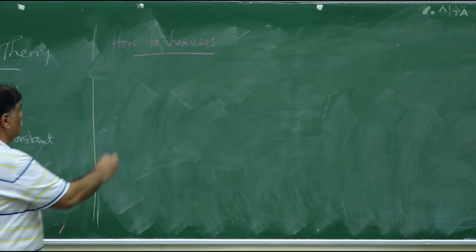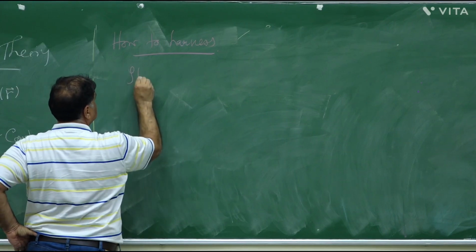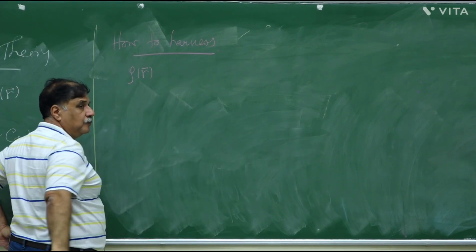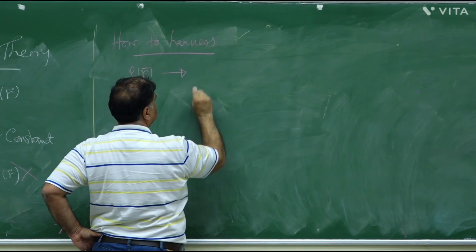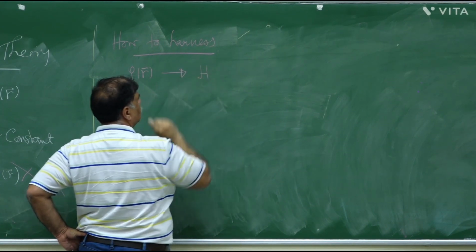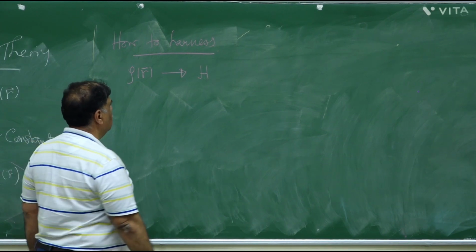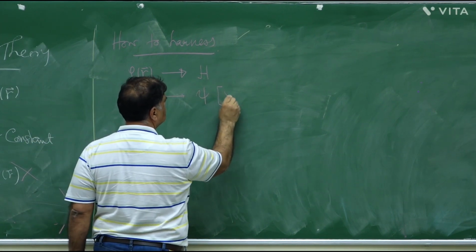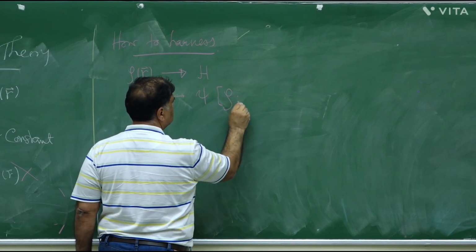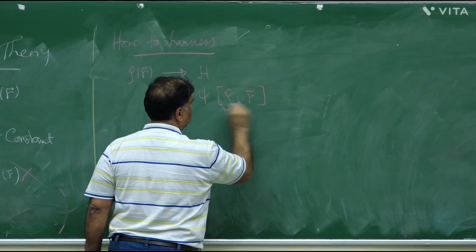And for that, given a ground state density, I know the Hamiltonian. Okay? I know the wave function therefore, and I can write the wave function as given by the density.